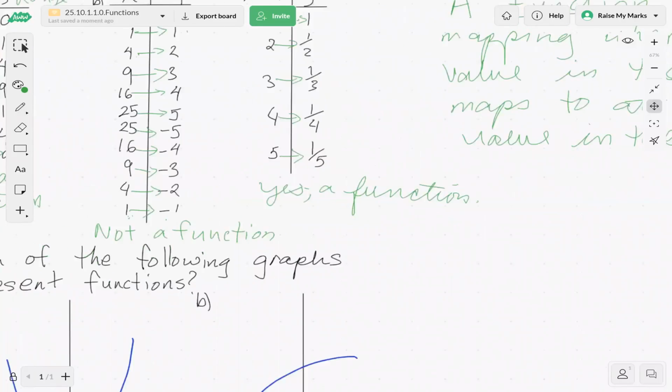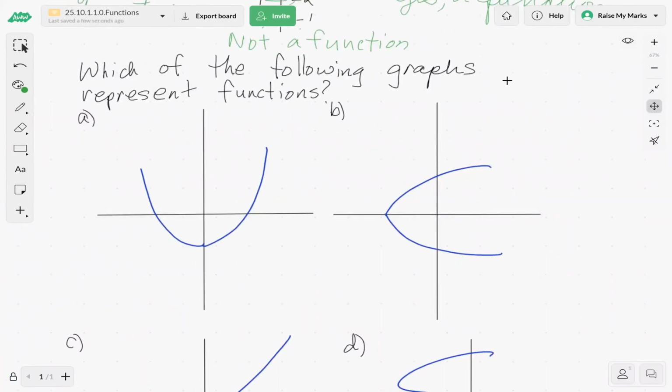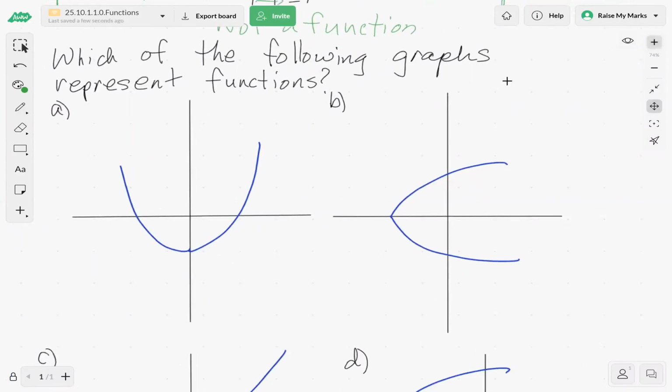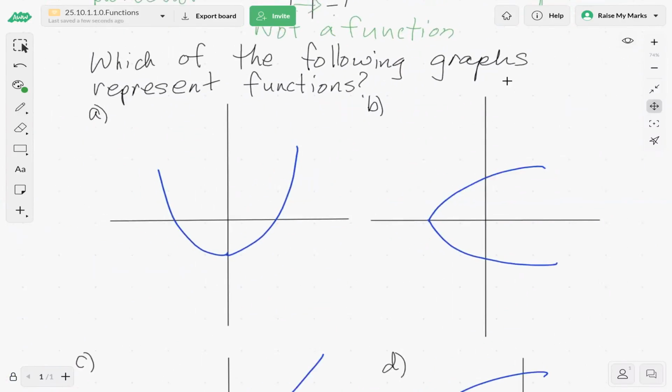All right, so last set of questions. Which of the following graphs represent functions? In this situation, we're going to use what's called the vertical line test. What the vertical line test tells us is that if we can draw a vertical line anywhere on the graph of whatever mapping we have, and if that vertical line only intersects the mapping once, then we have a function.